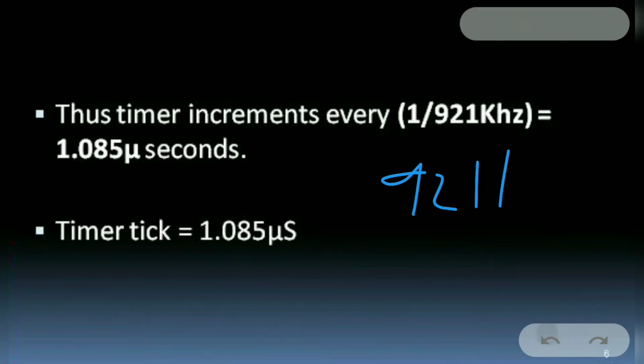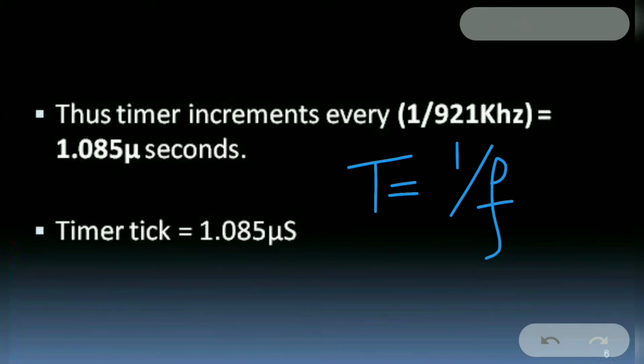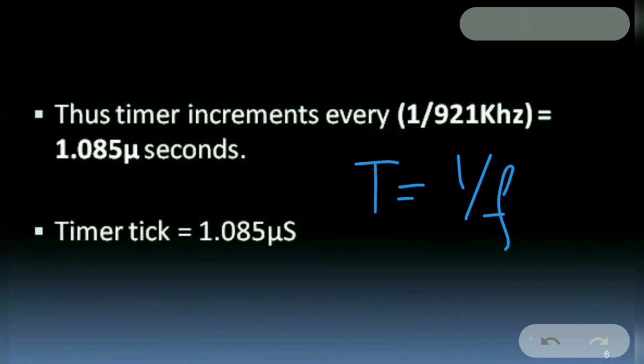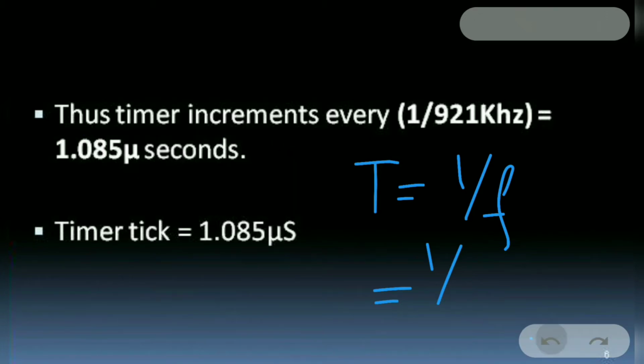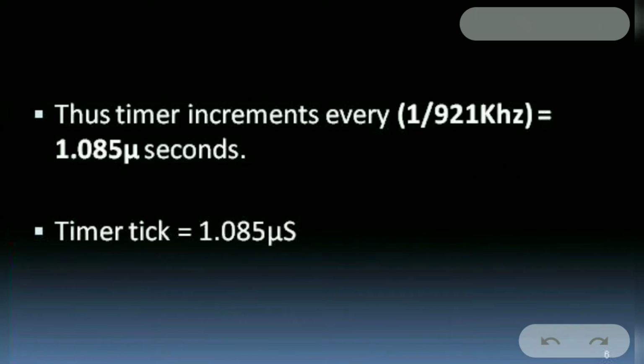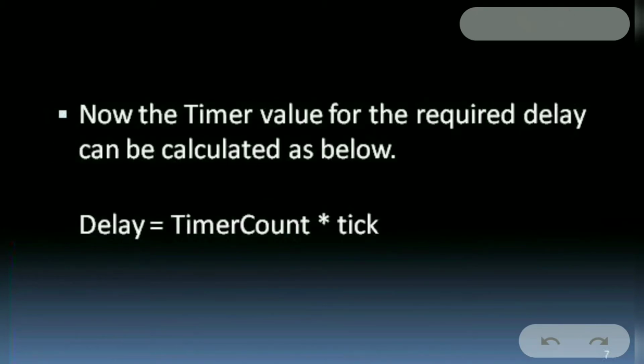We know that the time period is always equal to the reciprocal of the frequency, that is T = 1/F, which is 1/921 kHz. The answer is 1.85 microseconds. Then the timer tick will be equal to 1.85 microseconds.